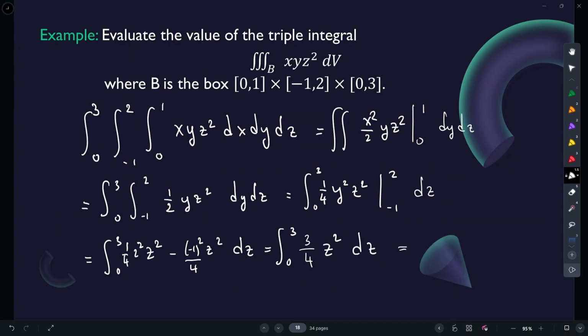Now 3z squared is the derivative of z cubed, so this will become z cubed divided by 4 between 0 and 3. At 3, I get 3 cubed divided by 4, so I get 27 divided by 4. And at 0, I get 0. So the answer is 27 divided by 4.